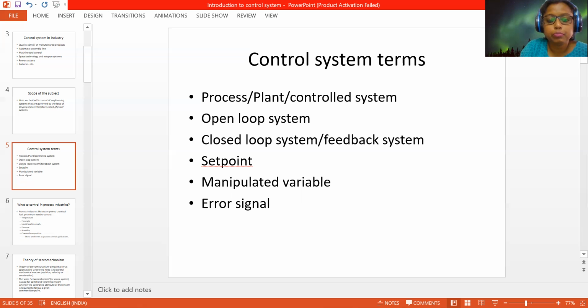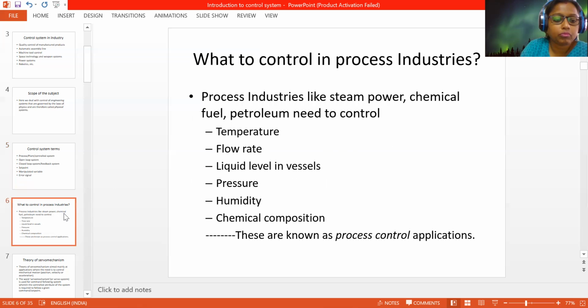So coming back to the PPT, these are the various terms that are used, like process, as I have described, plant, control system, open loop system, closed loop system, feedback system, set point, manipulated variable, error signal. All these are different terms that are described with respect to a particular process block diagram.